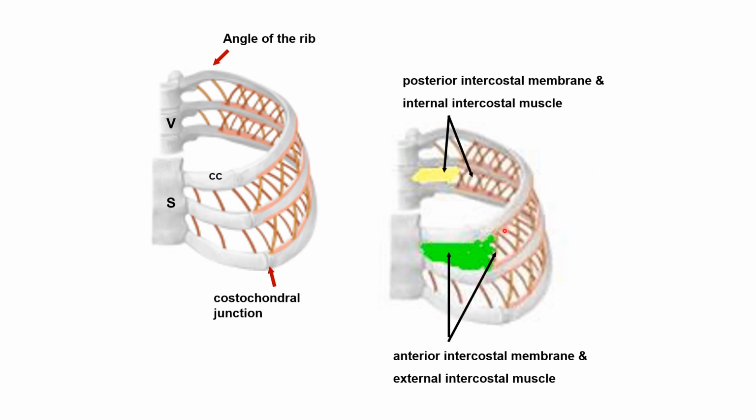See, from the costochondral junction to the lateral border of the sternum, the external intercostal muscle is replaced by the external intercostal membrane. And similarly, behind, posterior to the angles of the ribs, there is the posterior intercostal membrane, which is the continuation of the internal intercostal muscle.